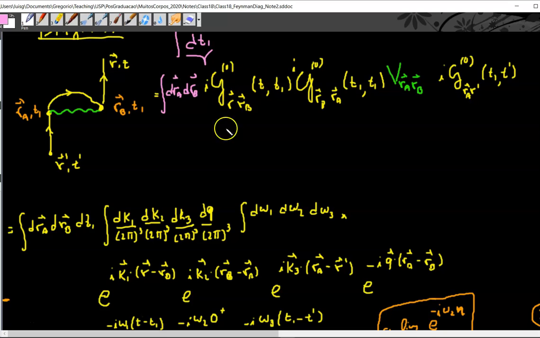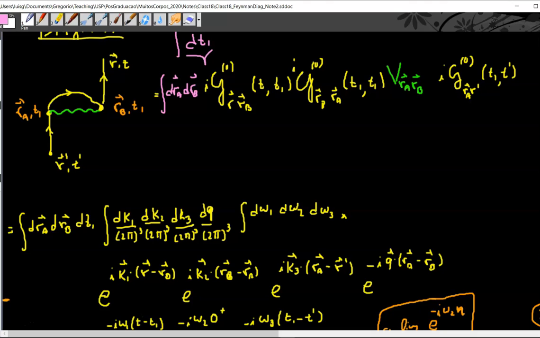Here I'll have an integral over what I'm calling k1 and omega 1. An integral over k2, omega 2, an integral over q, right, due to the Fourier transform of this guy. And finally, an integral over k3, omega 3. Okay, so I have all these integrals here.